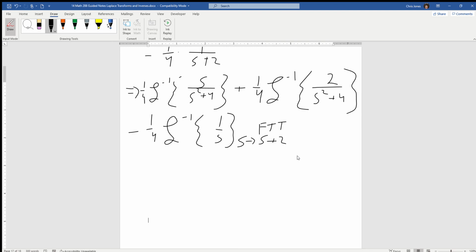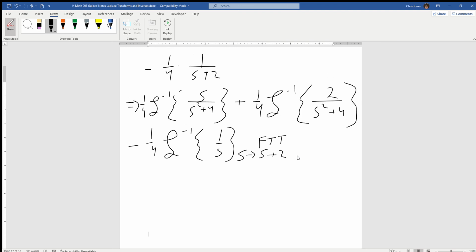All right. Finally, we can go through. We know that k is going to be equal to 2 here, and the inverse Laplace of 1 over s is just 1. And so our answer is going to be 1/4 of the cosine of 2t plus 1/4 of the sine of 2t.